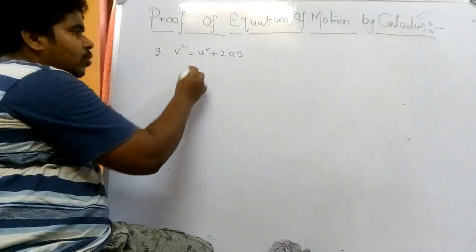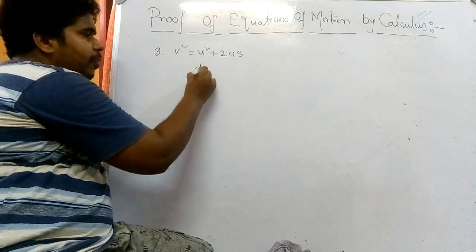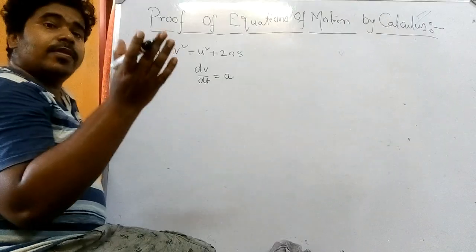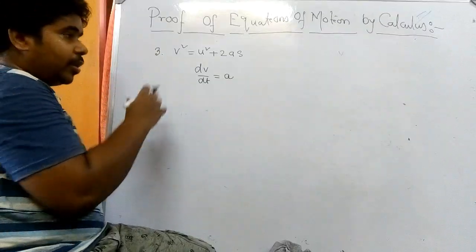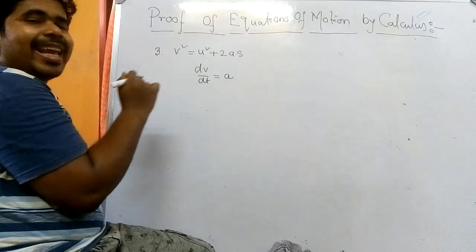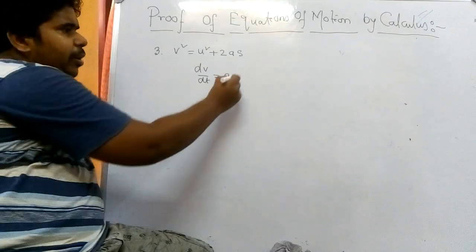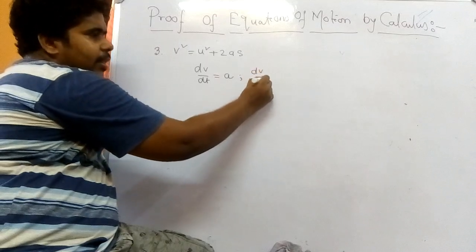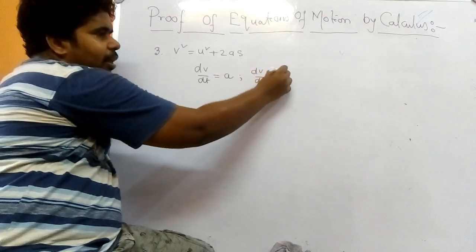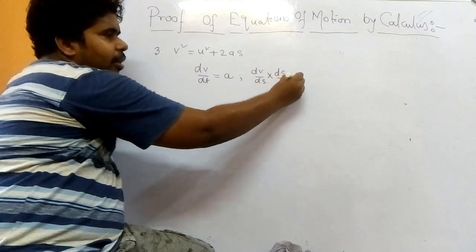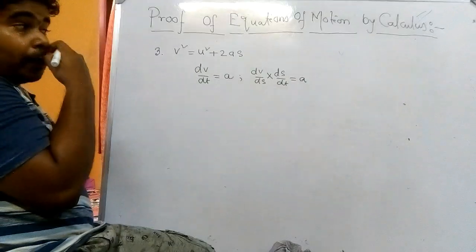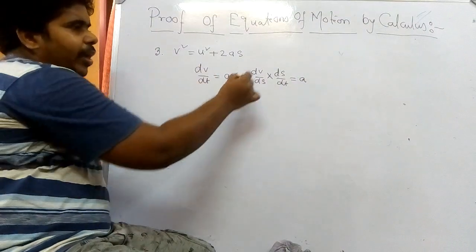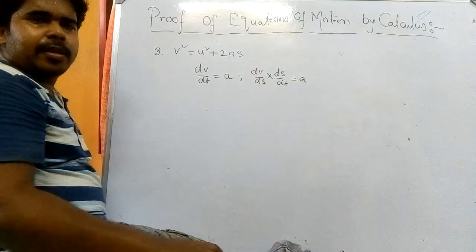Now in this case also we have to take the equation dv by dt equals a, which we have taken in the first equation, that is dv by dt equals a. Okay, can it be written this way, that dv by ds into ds by dt equals a? See what trick I have used. dv by dt, I am just breaking into two parts, dv by ds into ds by dt.